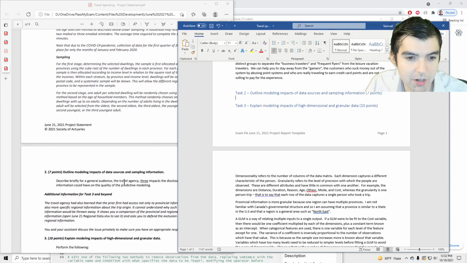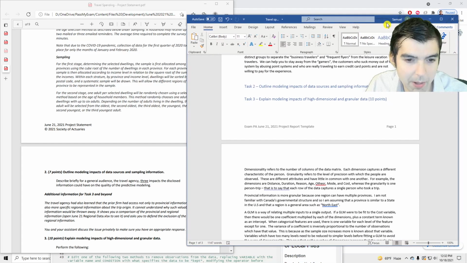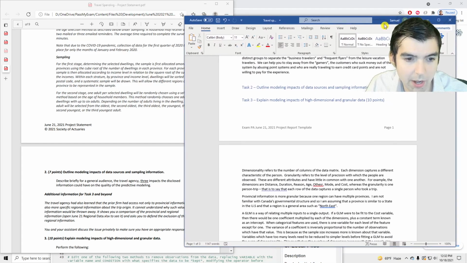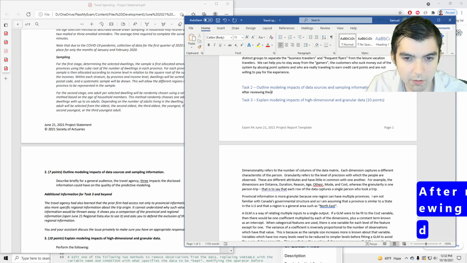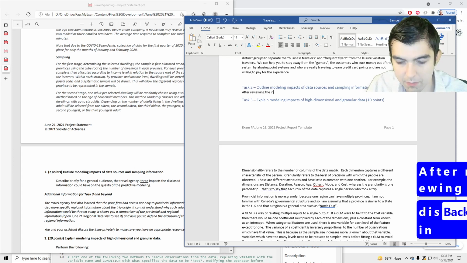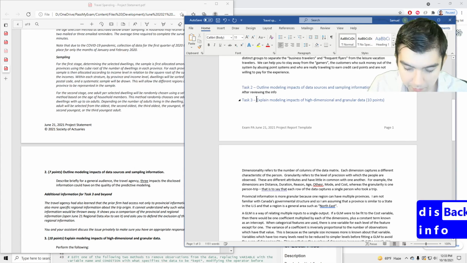Describe briefly for a general audience, the travel agency, 3 impacts the disclosed info could have on the data quality of the predictive modeling. So yeah, after reviewing the information, you can even make this more formal.